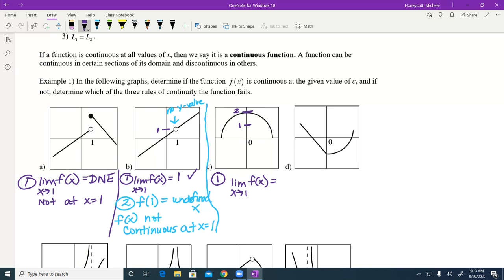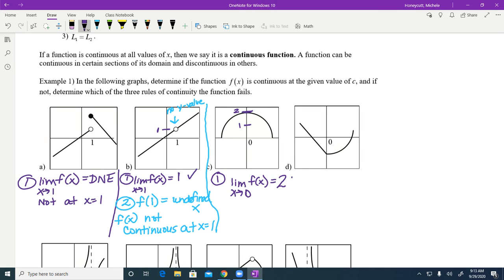As x approaches 0 from the left, the y values approach 2. From the right, as the x values approach 0, the y values also approach 2. So the limit as x approaches 0 of f of x is 2.